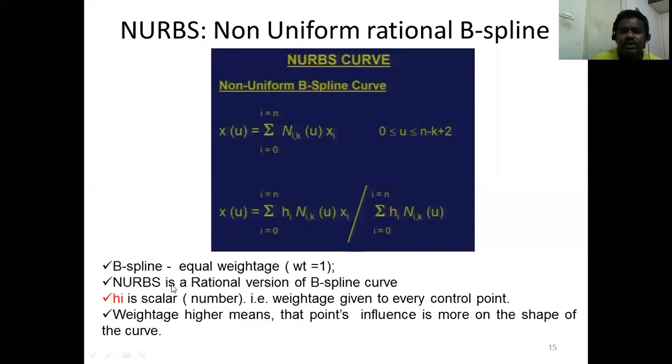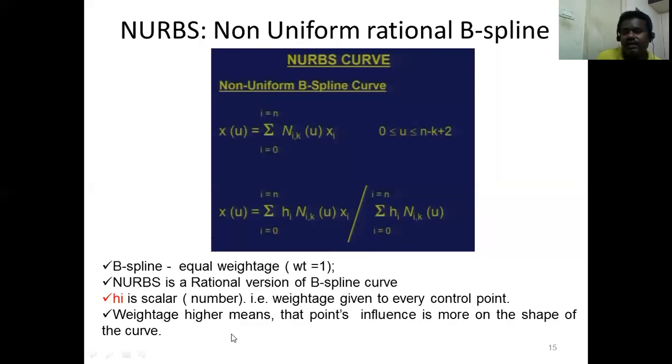NURBS, non-uniform rational B-spline, a rational version of the B-spline curve, means it is divided by a certain value. Hi is a scalar, a number, the weightage given to every control point. Higher weightage means that point's influence is more on the shape of the curve.